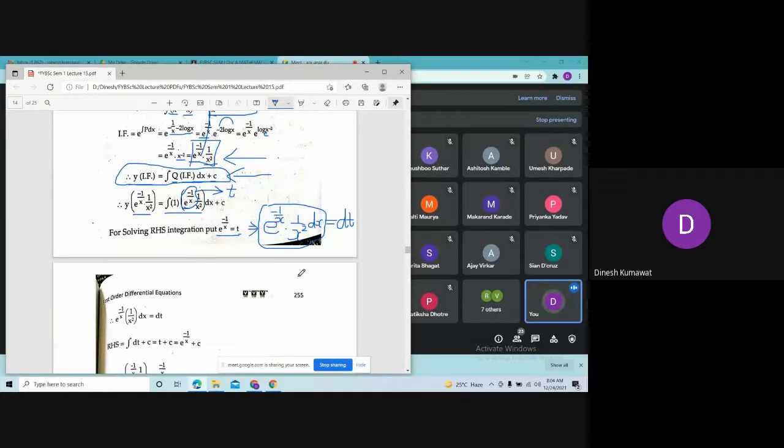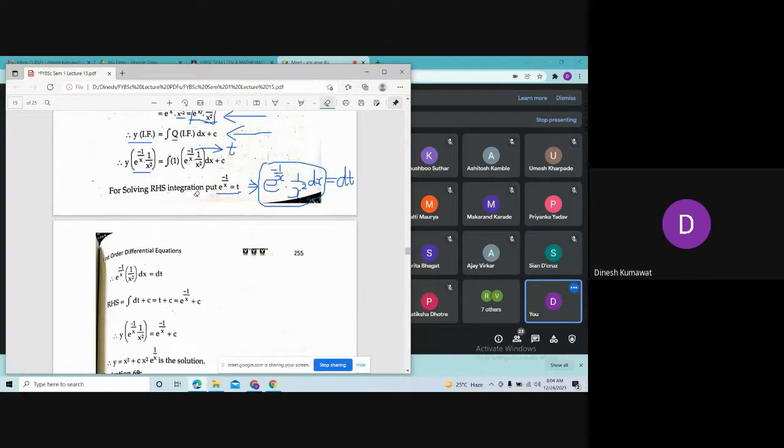Are you getting my point? Yes, sir. So just put this whole term as dt. And what is the integration of dt with respect to t?